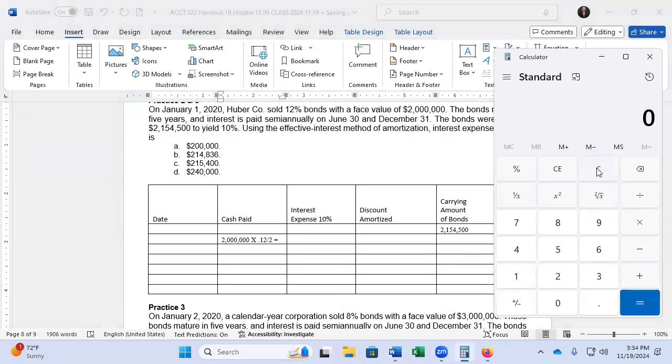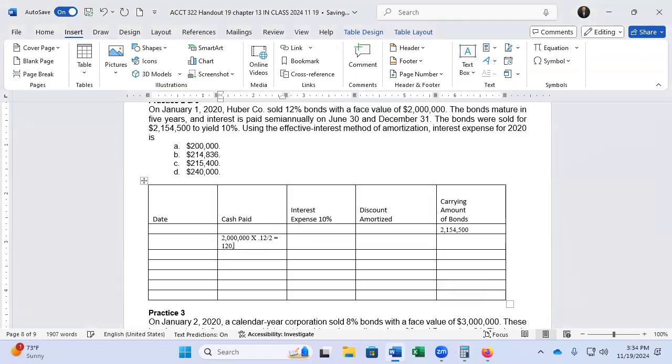Really don't have the answer to this one. So I multiply it by 0.12 and then divide that by 2. And so cash paid, 120,000. Your interest expense, 2,154,500, and you're gonna multiply it by 0.1.